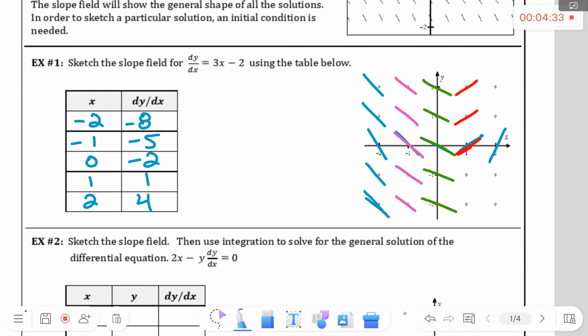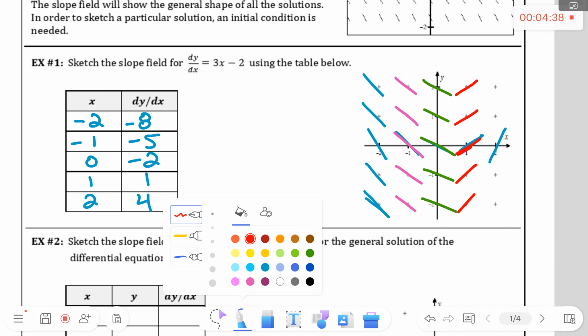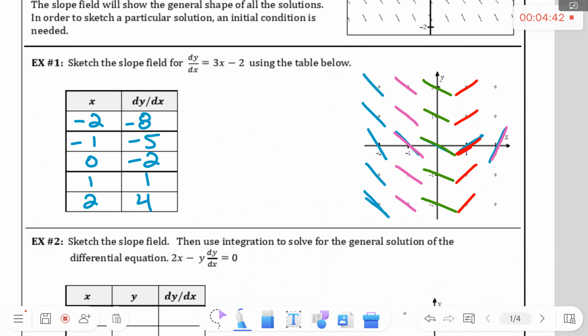Then +1, +1, +1. The last one's going to be +4. There you go. We just roughed out a slope field. Like I told you, it's not too crazy. It feels ugly because it kind of is ugly.